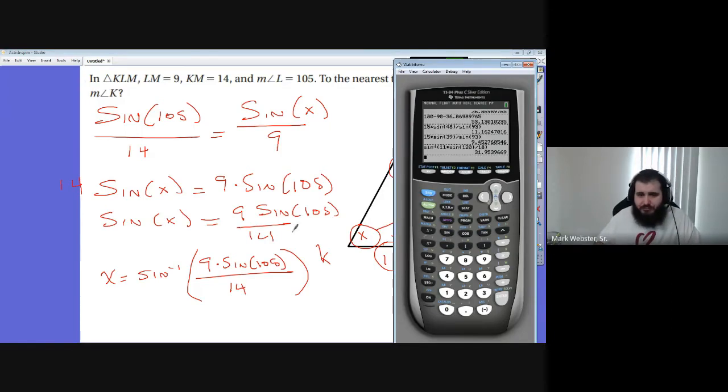So we've got the inverse sine of 9 times sine of 105, close parentheses, divided by 14, close parentheses. Look at what we get. 38.3857111 degrees.